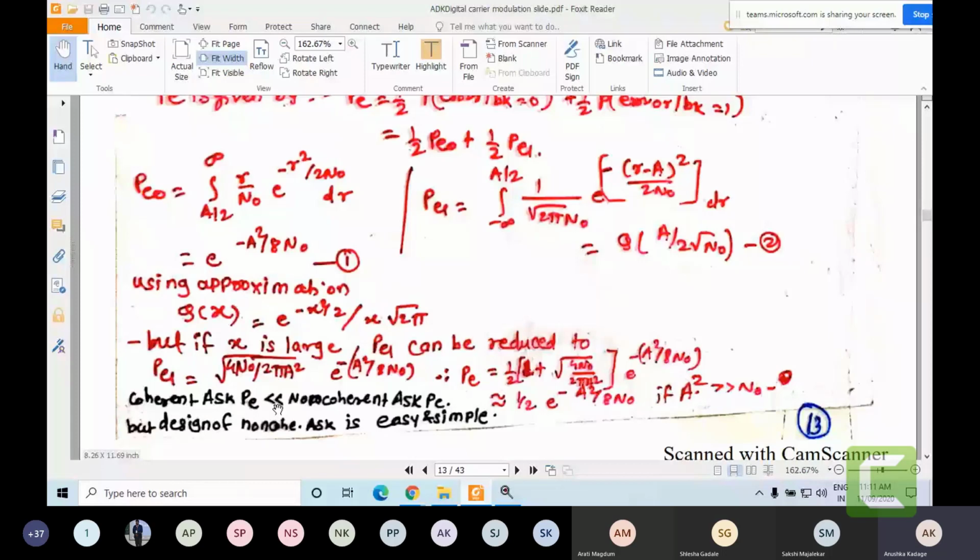But the design of non-coherent ASK modulation is very easy and simple, because you have seen in the coherent demodulation we had the blocks of integrator, high gain amplifiers, and then two switches, while in case of non-coherent demodulation only the envelope detector was the block existing in the receiver portion, and that's why its design was very easy as compared to coherent ASK demodulation.